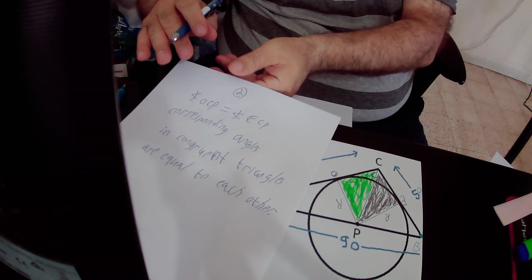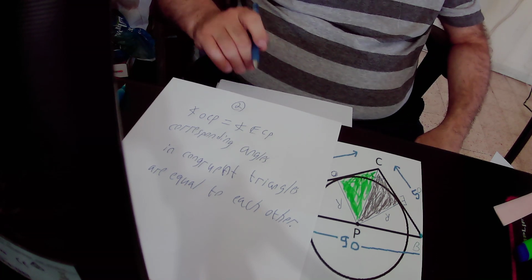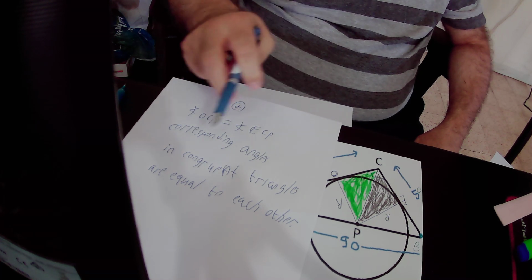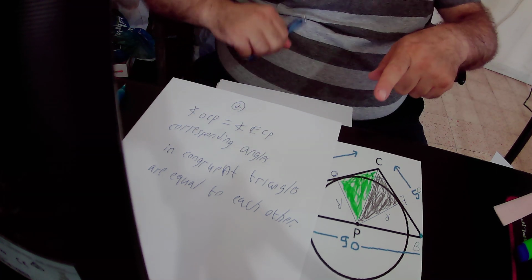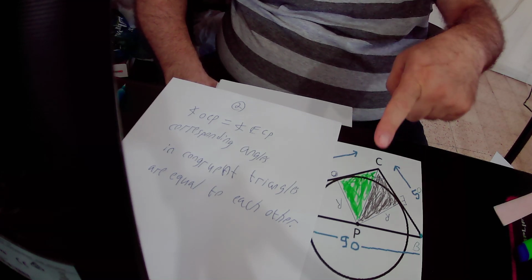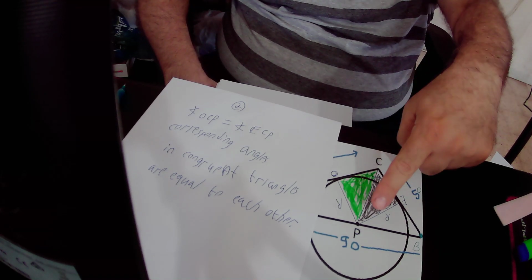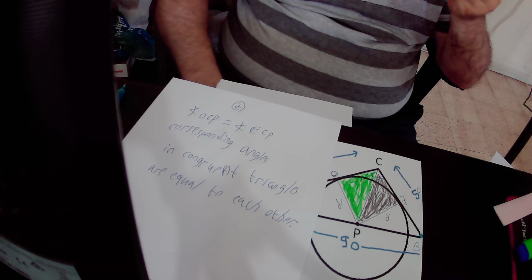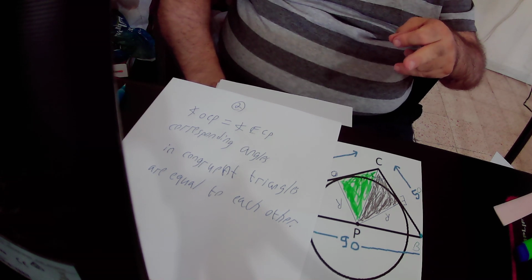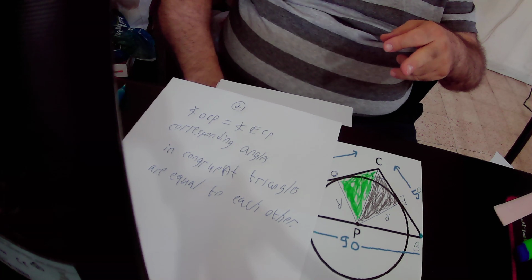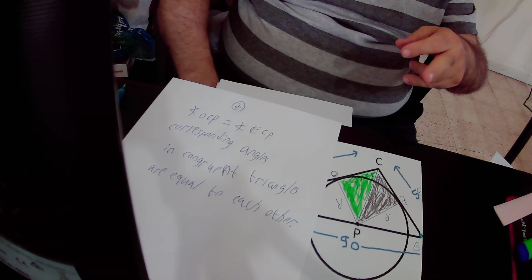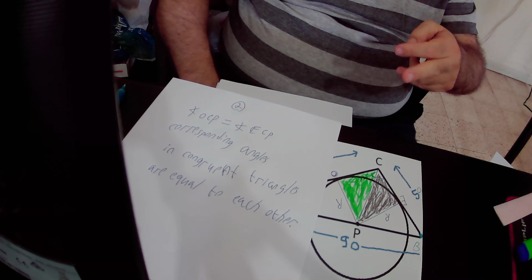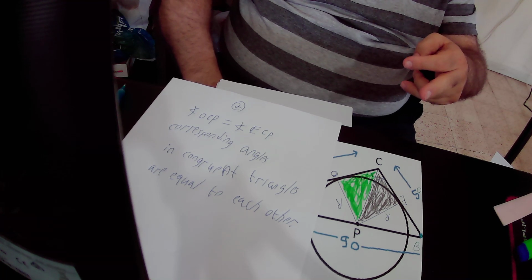Okay? According to the rule that corresponding angles in congruent triangles are equal to each other, we can say that angle OCP equals angle ECP. Because the green triangle, triangle COP, overlaps the black triangle, triangle CEP, from that we can deduce that angle OCP is equal to angle ECP.